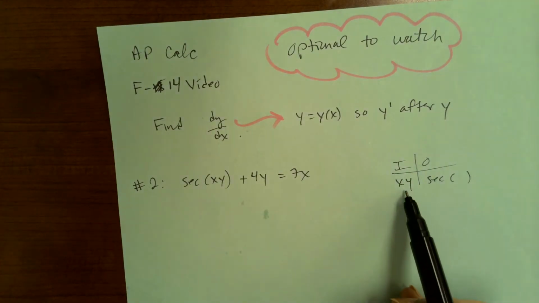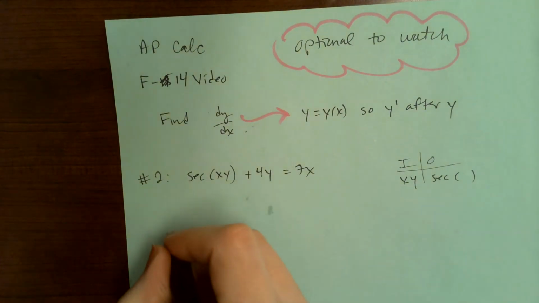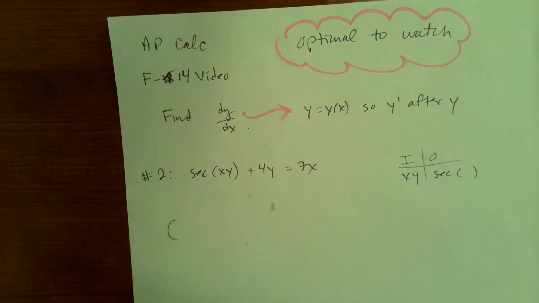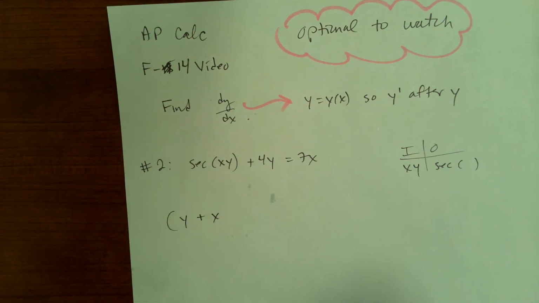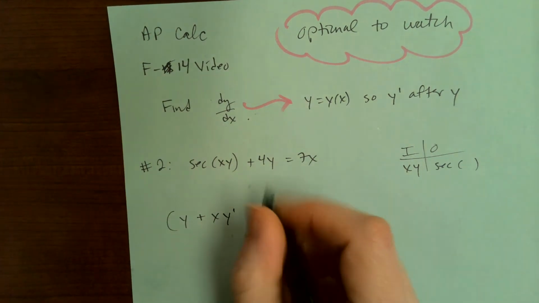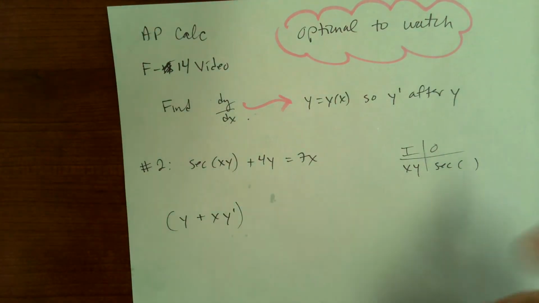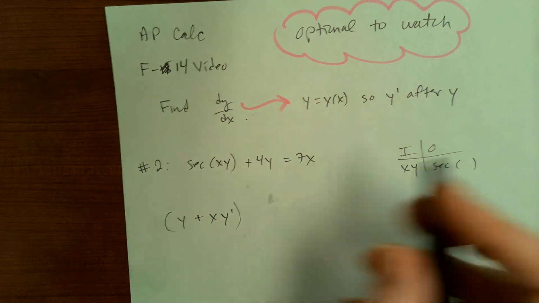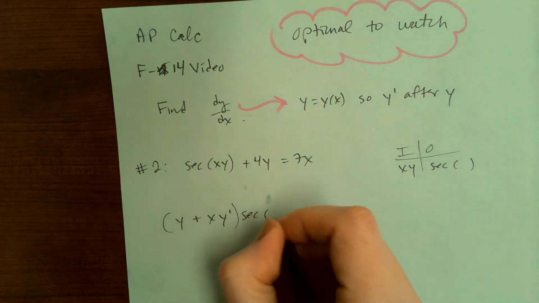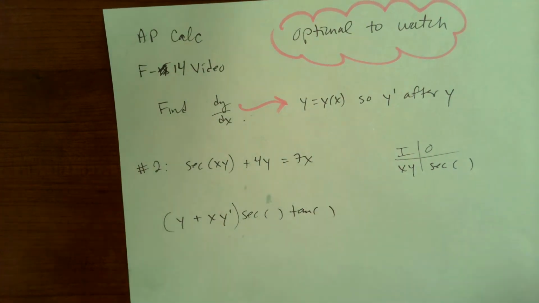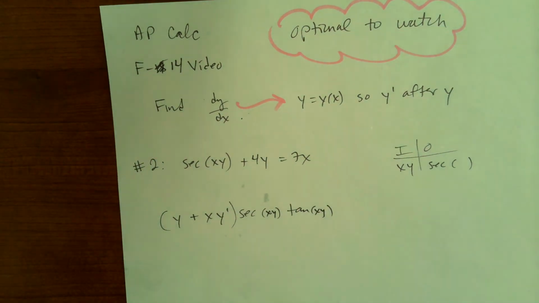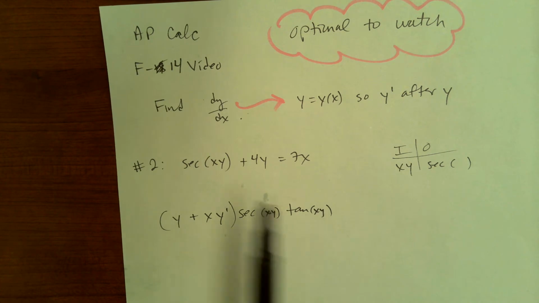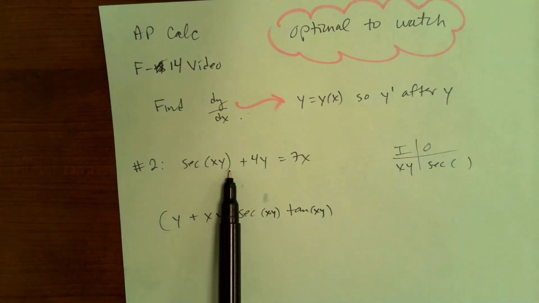For the xy part, I need product rule. Derivative of x is 1, bring down the y, plus bring down the x. Derivative of y is 1, but we need a y prime after a y derivative. And then the derivative of secant of blank is secant blank, tangent blank, and xy goes back in. Okay, that is the derivative of this first term.